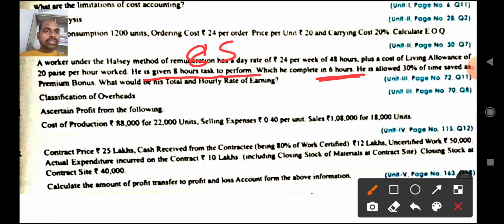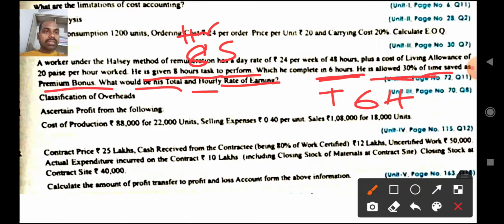This is your T, time taken 6 hours, time allowed 8 hours standard, and he is allowed 30% time saved as bonus premium. What would be total and hourly rate of earning? Total earnings as well as hourly rate of earning. They are asking for how much it comes for each hour, as well as total earnings under Halsey.